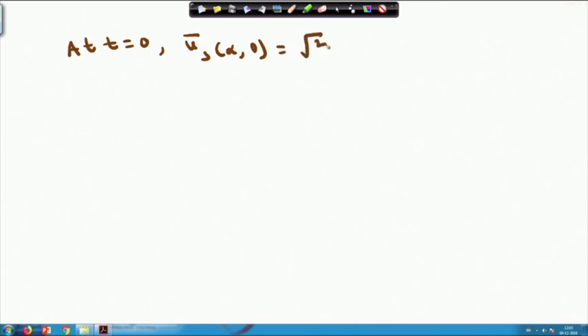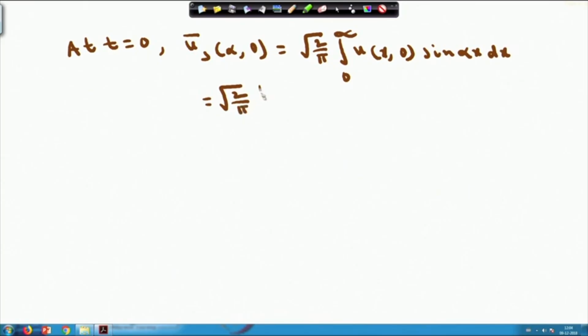So, this equals root over 2 by pi, integral 0 to infinity u x 0 sine of alpha x dx, and u x 0 is given as e power minus x. So we need the integral of e power minus x sine alpha x dx. This is again a standard one, you can check it.